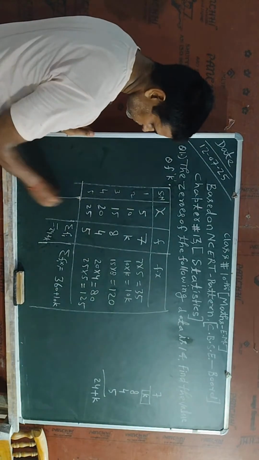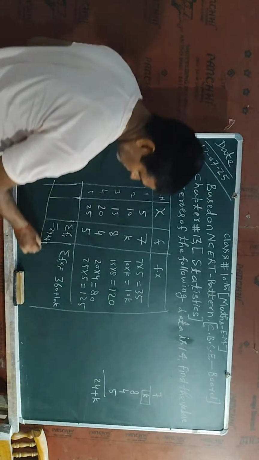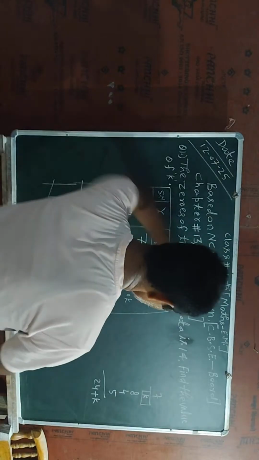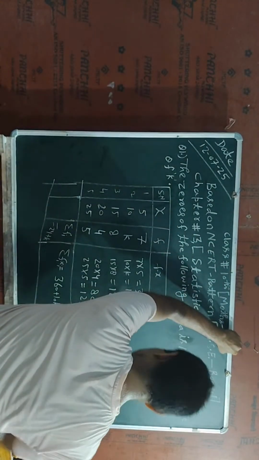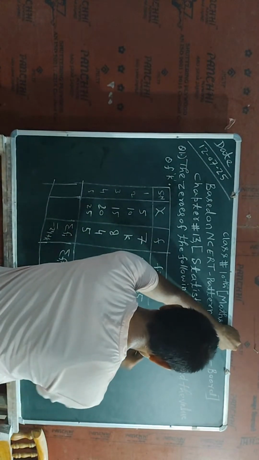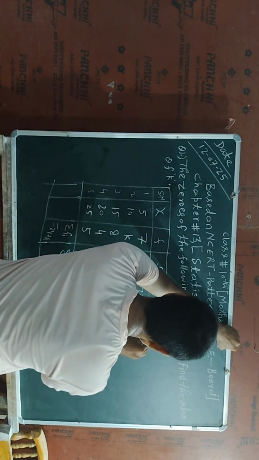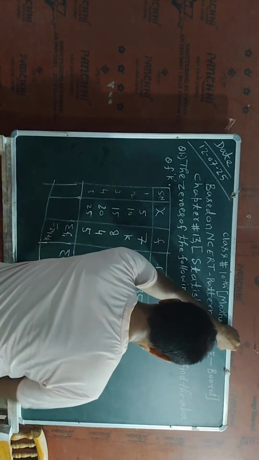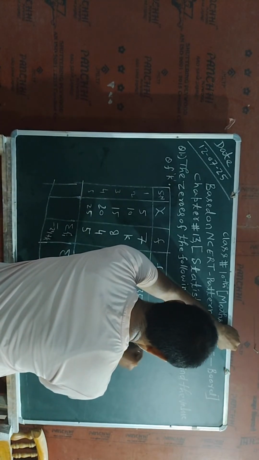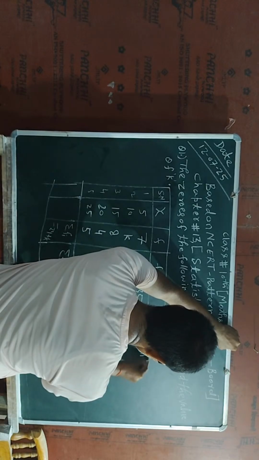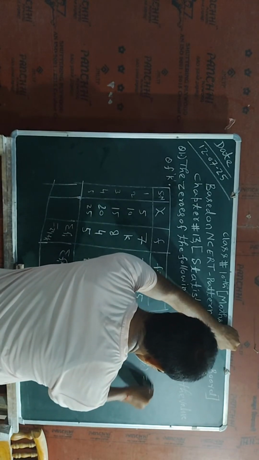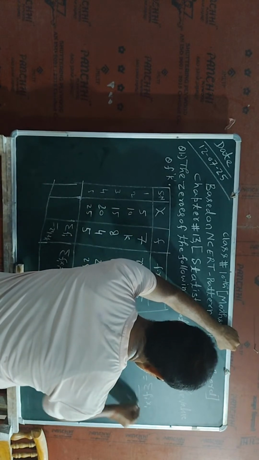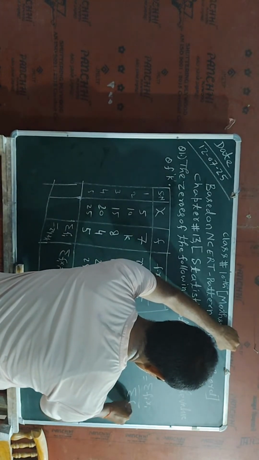Now further I will write the formula for ungrouped data. Mean is written as x bar, which is equal to sigma fi into xi divided by sigma fi.